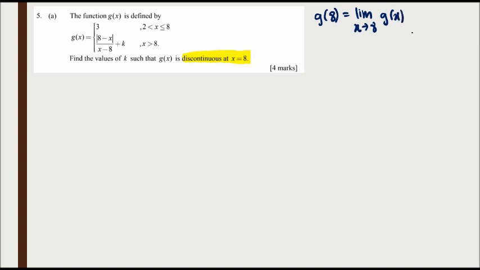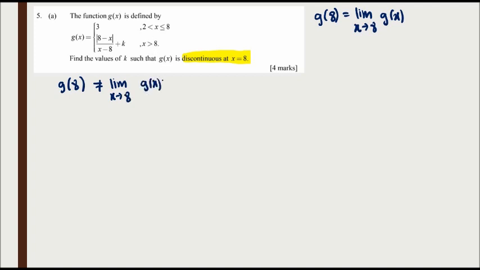So this is when it is continuous. Now we are looking for when it is discontinuous. If it is discontinuous, the condition we are looking for is g of 8 is not equal to the limit of x approaching 8 for g(x).